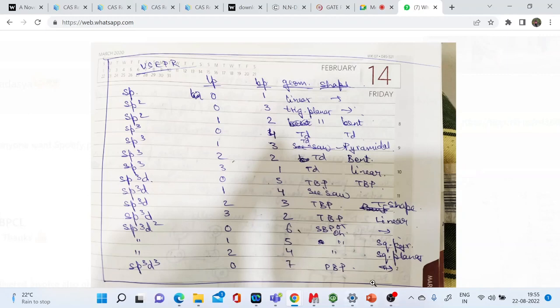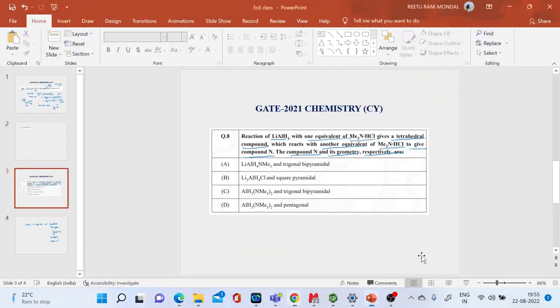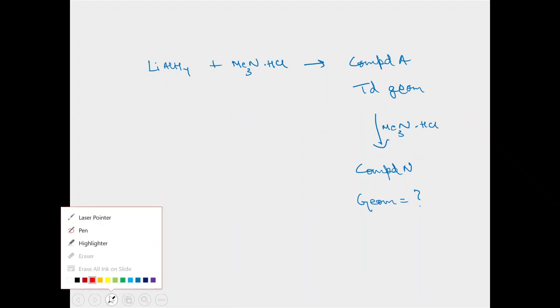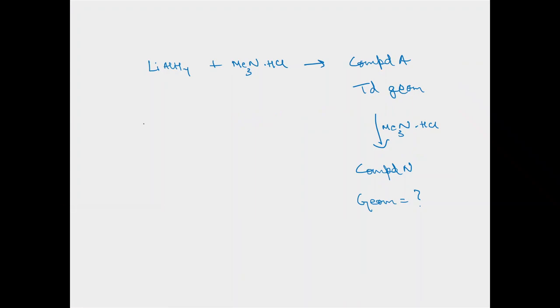Suppose this is pentagonal bipyramidal, right? We get this when the number of bond pairs is 7 and the number of lone pairs is 0.